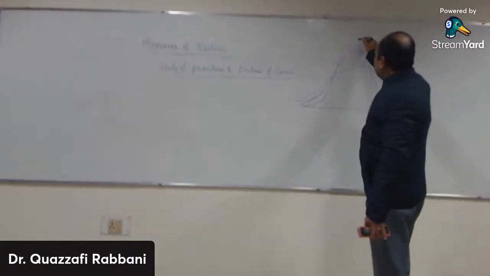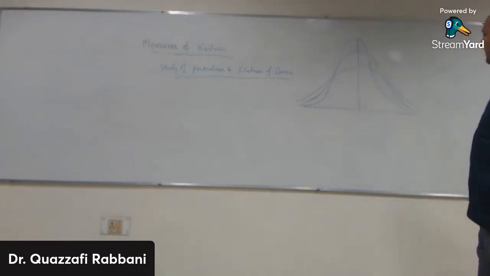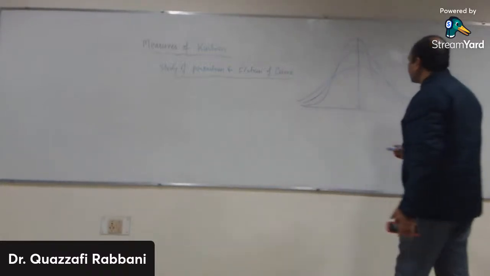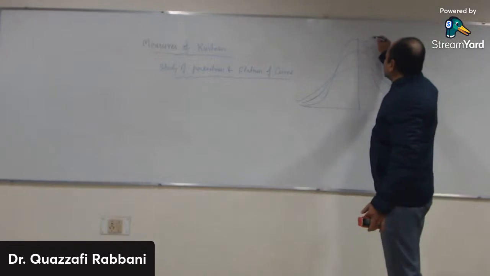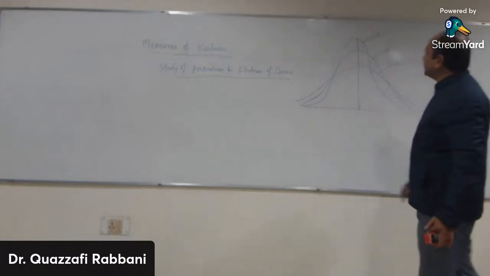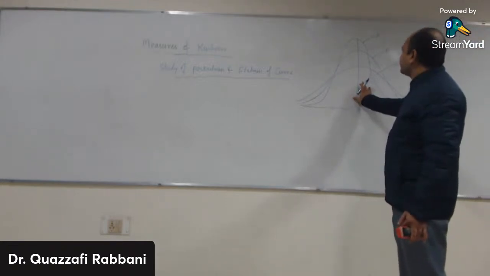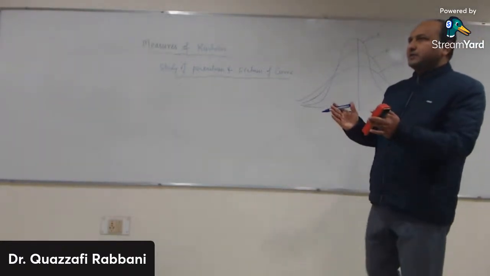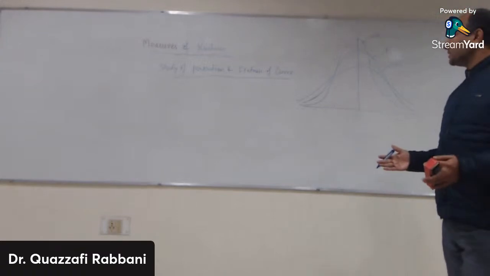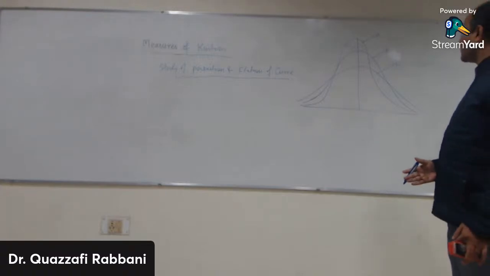Here you will see the midpoint center is the same in all three graphs. But the first is very big, the second is medium, and the third is flat. Suppose this curve is A, this curve is B, and this curve is C. A is highly peaked, so the variation is less. If the curve is concentrated and tall, the variation will be less. If the curve is scattered and flat, then the variation is high.